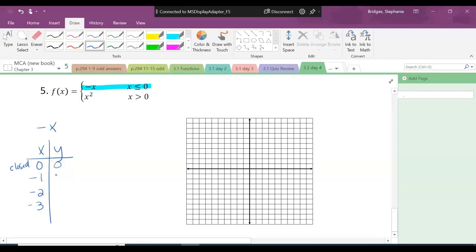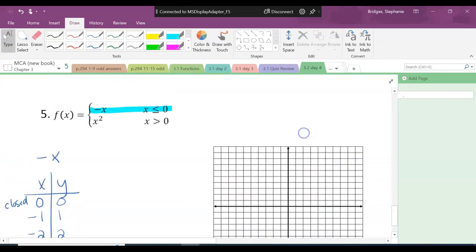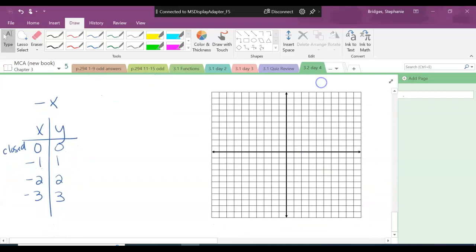And -(-1) is 1, -(-2) is 2, and -(-3) is 3. So we're going to go closed at 0, 0. And then every other point is also closed: -1, 1, -2, 2, -3, 3. And then we go from our starting point. We extend past those dots because we don't have an ending point. We put our arrow.